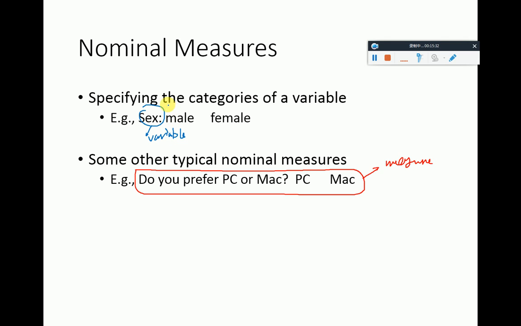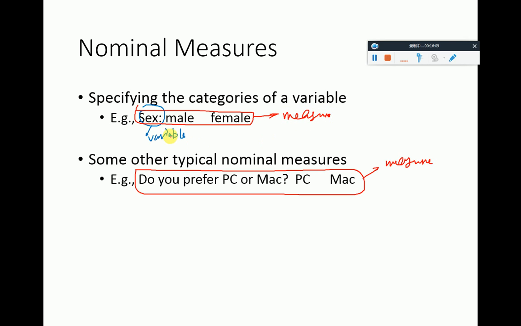But if we see the whole thing, sex, with these two choices, this whole thing on a questionnaire, meaning we are asking people to make a choice when they read this question to indicate whether they're male or female, then we're talking about a measure.